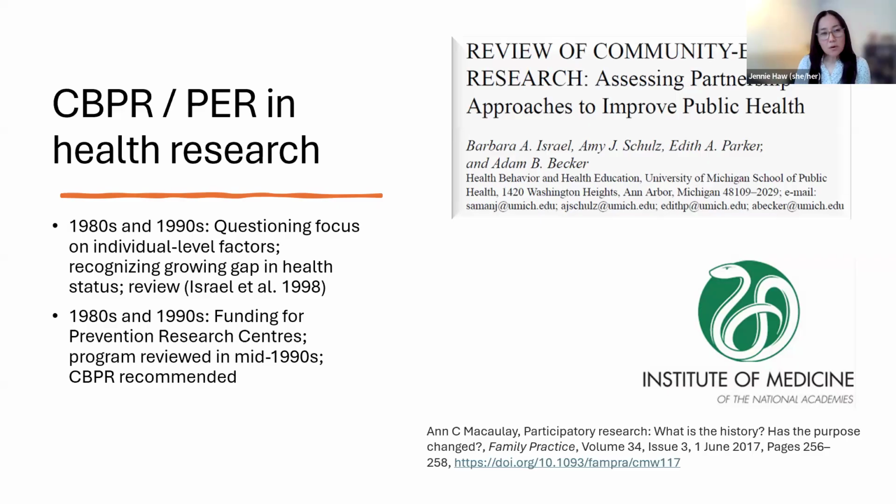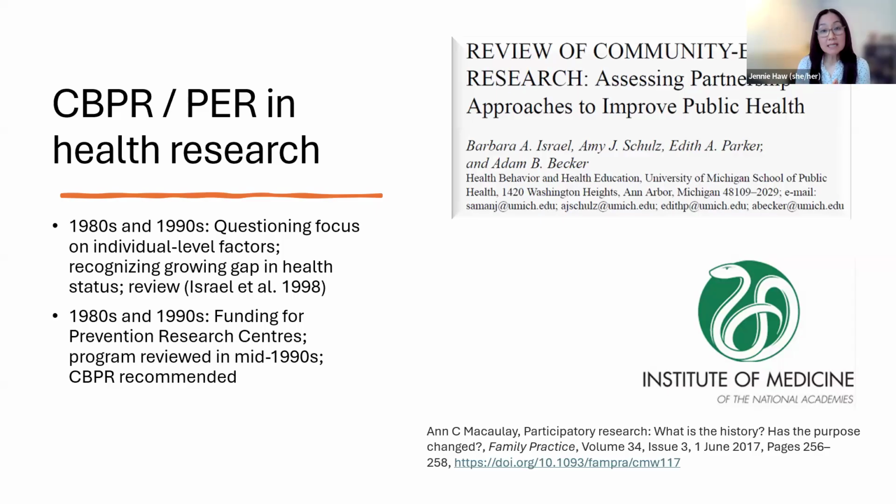So in 1984, in the US, Congress provided funding to the CDC to fund prevention research centers. It was aimed to increase collaboration between researchers with policymakers and citizen groups. And what this resulted in was a nationwide network.